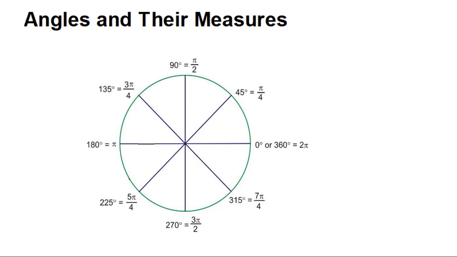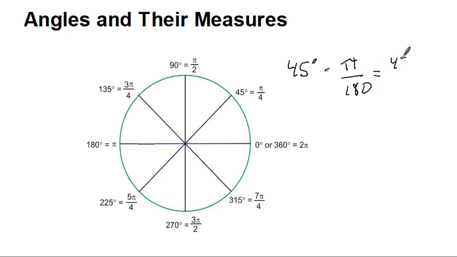But there is another way to find the radians. For example, let's try with 45 degrees. What happens if I have 45 degrees and I want to convert this to radians and I want to draw my circle? Well, I just need to multiply this times pi and then divide it by 180.